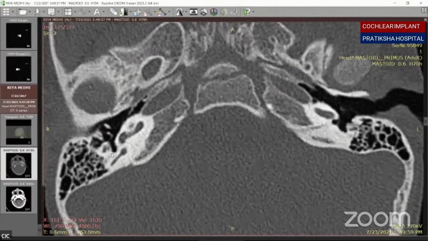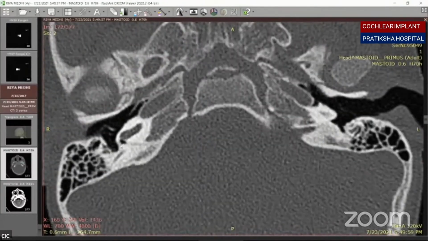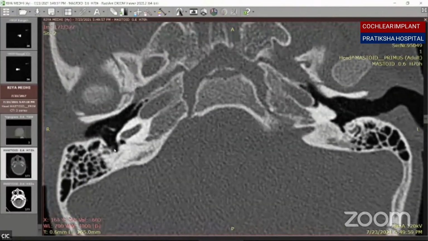Going a bit down again, we can see the round window niche appearing. This is the point where we have to measure the distance of the facial recess, the distance of the facial nerve, the vertical portion, up to the round window niche.